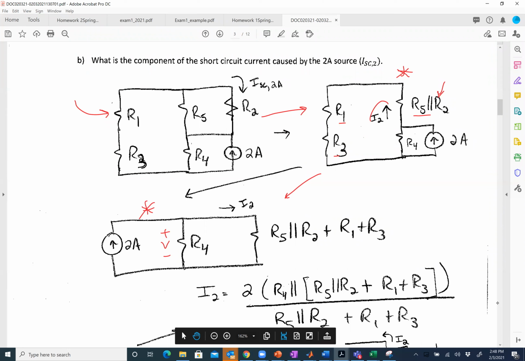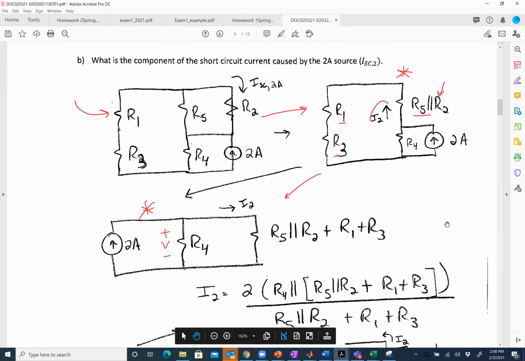You could go back to the formula if you wanted to and say I've got 2 resistors in parallel. But the way I do this, I say, what's the voltage across here? Well, it's 2 amps that's splitting between these 2 resistors. So the voltage is 2 times that parallel resistance. And then if I want to figure out the current in this branch specifically, I take that voltage and divide by the resistance in that branch.